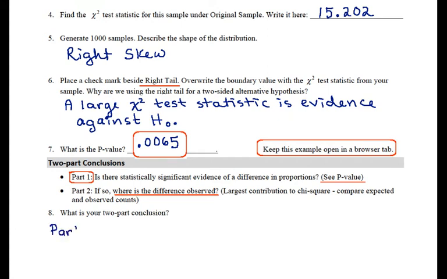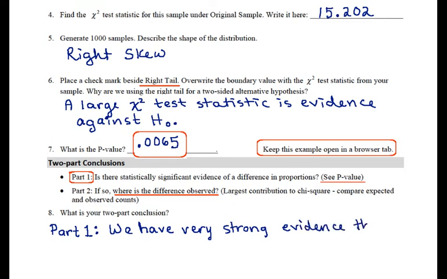We don't have to label these as part one and part two, but I'm going to just because we're learning this right now. Part one, we have very strong evidence that the proportion of each color of M&M is not the same.